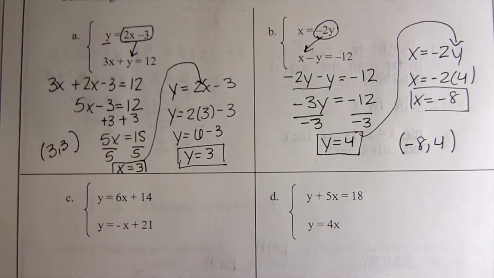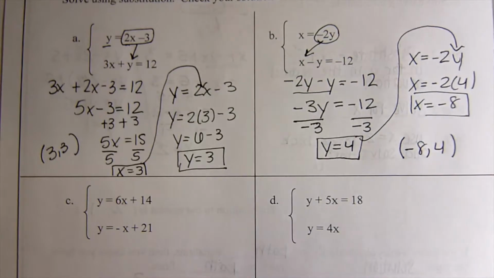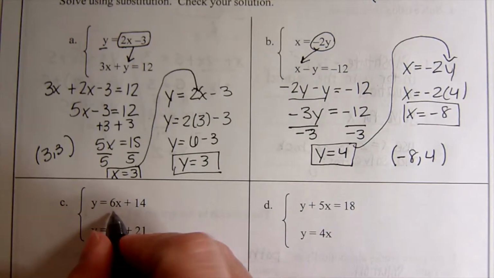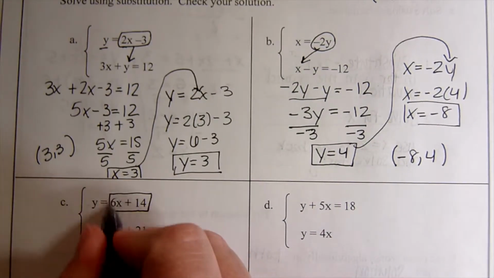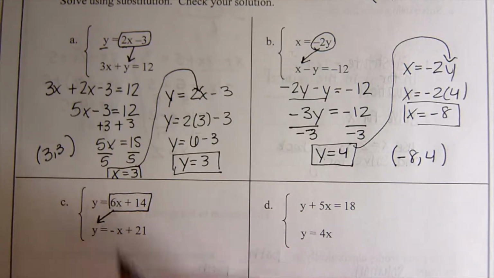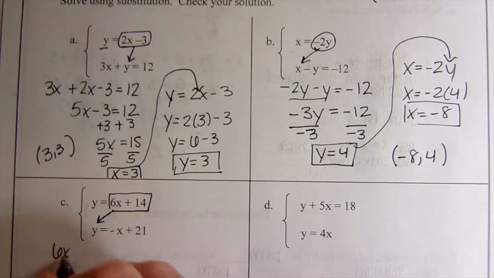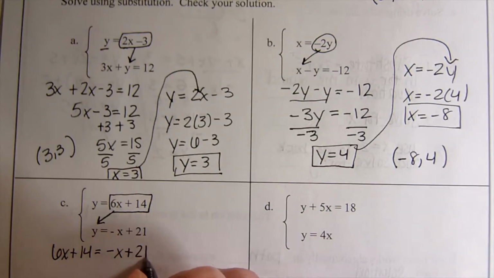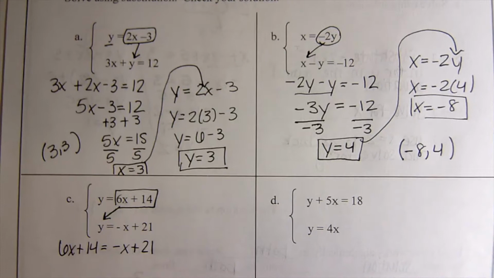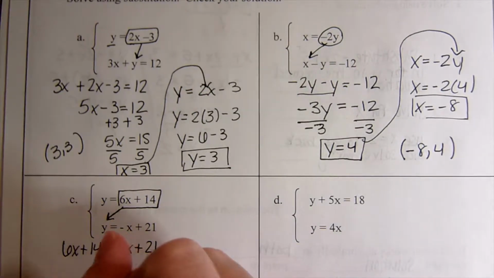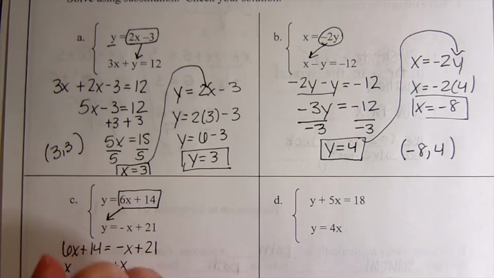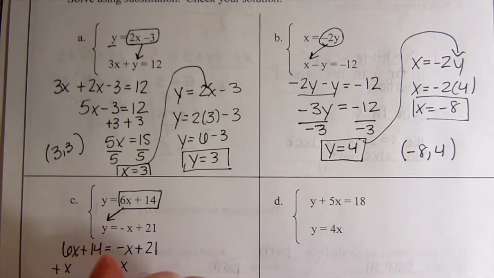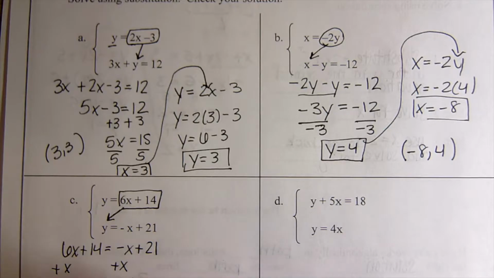All right, C. So I'm plugging in 6x plus 14 into my second equation for y. So 6x plus 14 equals negative x plus 21. And then what do I do next? Add x to both sides. So 7x plus 14 equals 21. And then subtract 14 from both sides.